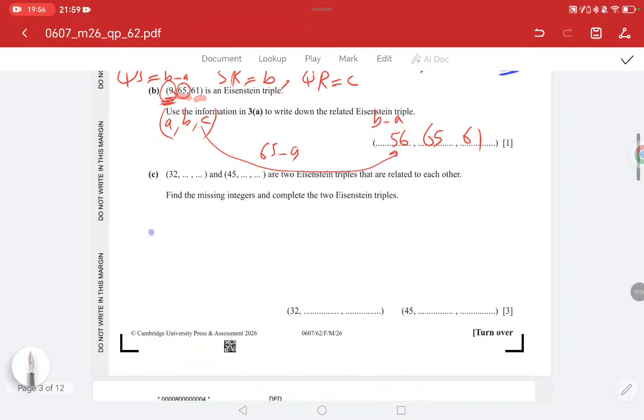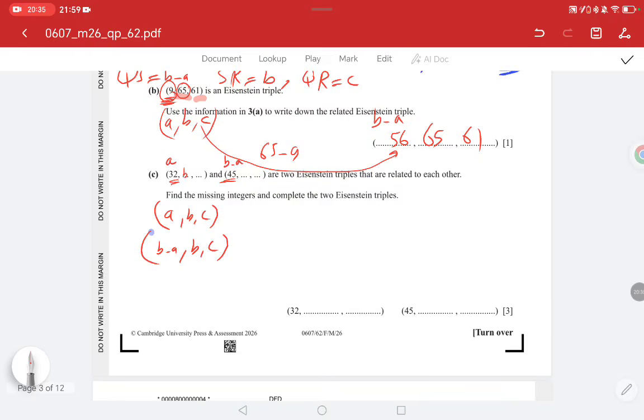Now, next one, 3 points. We have now two triples, and they are related, and we have to use the same thing. Okay, that we have A, B, C, and another one is B minus A and B, C. Okay, they give us that this one 32 and this one 45. Okay, so one of them A and one of them should be B minus A, right?